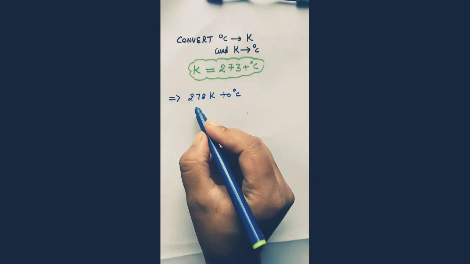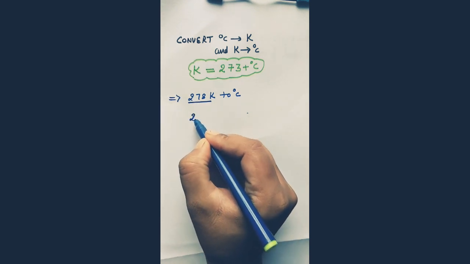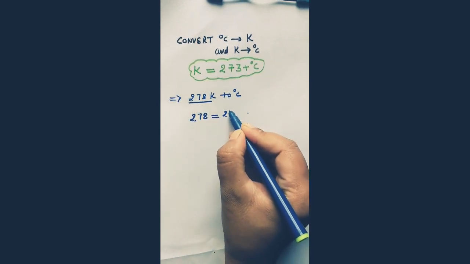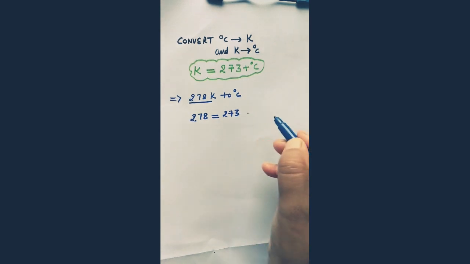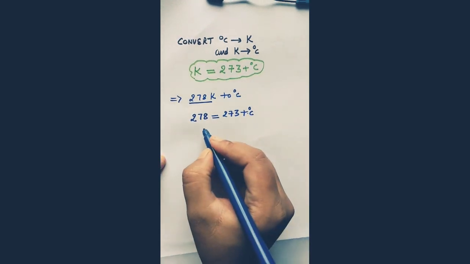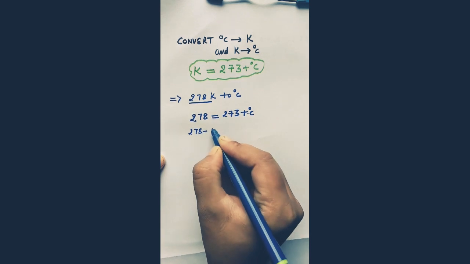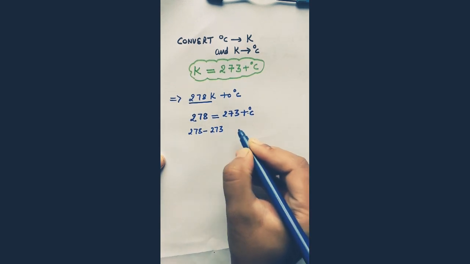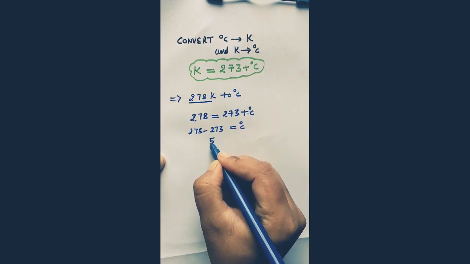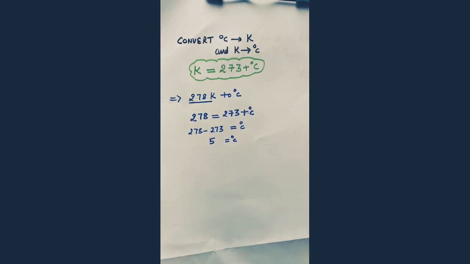By using this formula we will write in the place of K, that is 278, equals 273 plus degree Celsius. Now on rearranging, it will be 278 minus 273 equals degree Celsius. Now the temperature is 5 degrees Celsius.